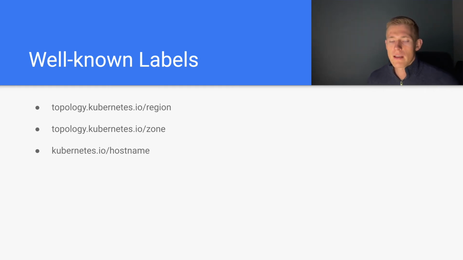So these are what is recommended to use when we are setting up topology spread constraints. Whether you want to spread your pods across a region, a zone, or nodes themselves, these are the labels that you should use.